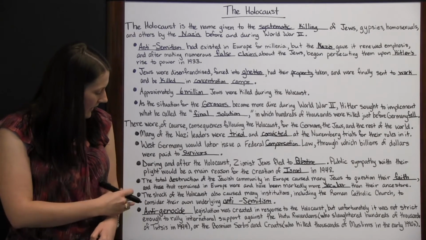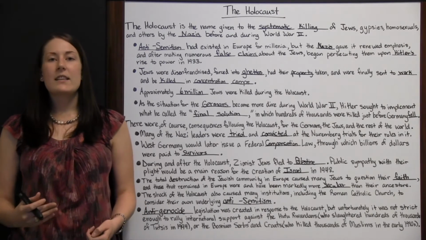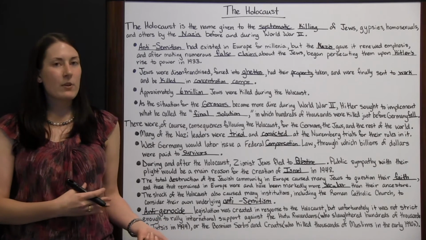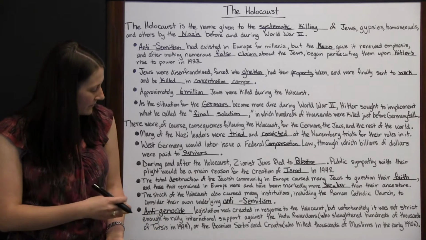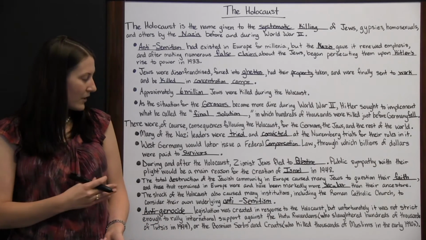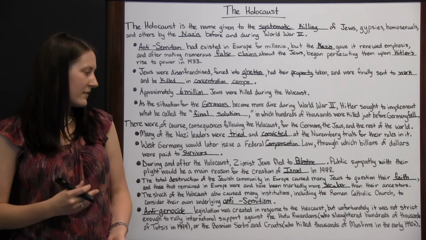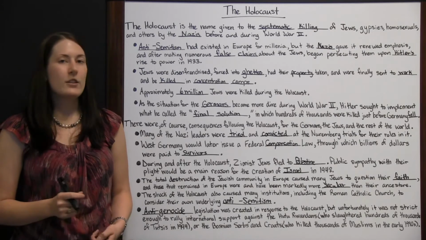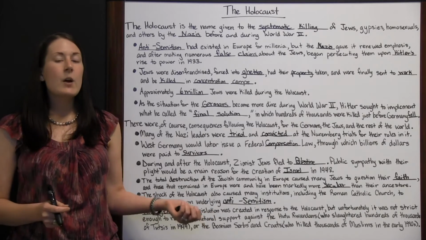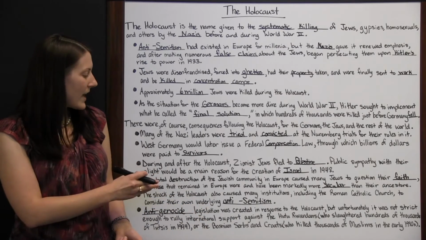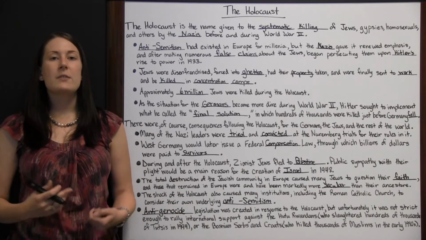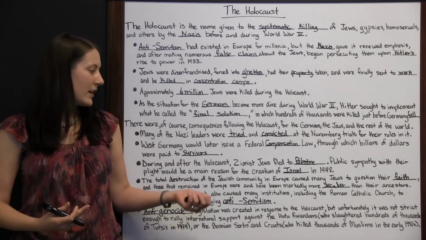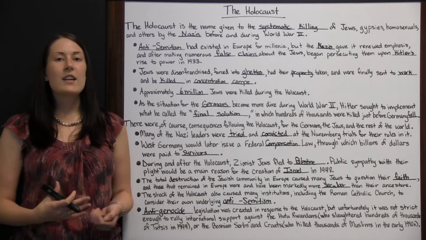So even as recently as 1994, we had something similar occur. And then the Bosnian Serbs and Croats also killed thousands of Muslims in the early 1990s. So again, pretty recently, we had a group being persecuted simply for what they believed because of their religious inclination.